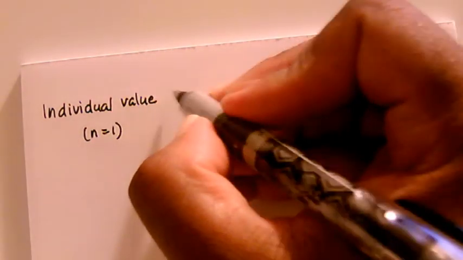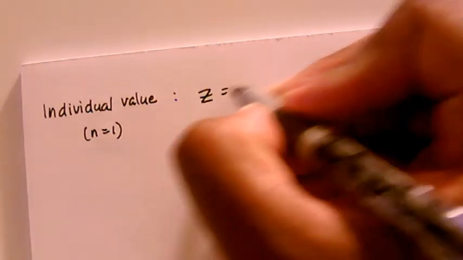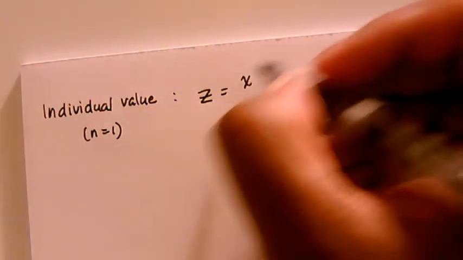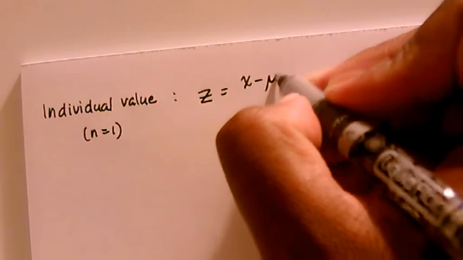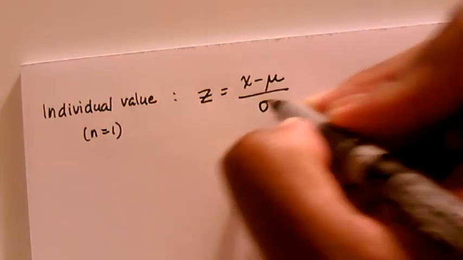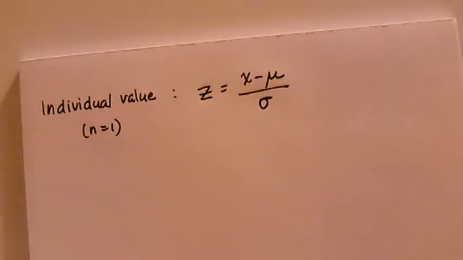Then we use this formula. Z is equal to x minus mu divided by sigma. Just an individual value. So we use the x value minus mu divided by sigma. So that formula is correct. We've been using that in one of the videos when we were doing the applications of a normal distribution.